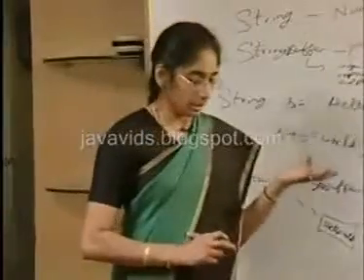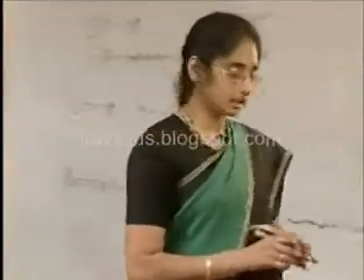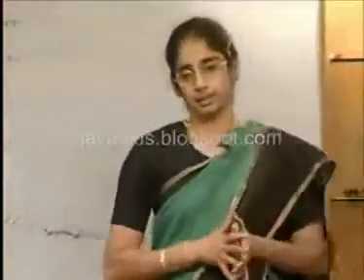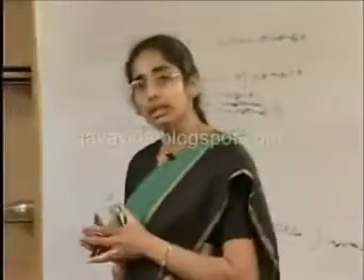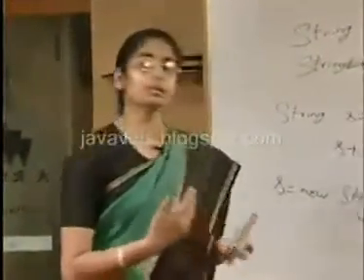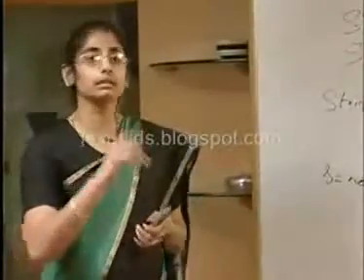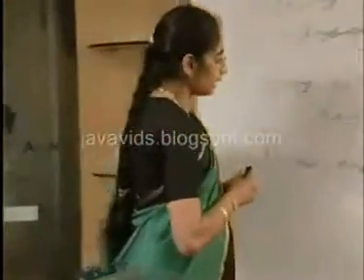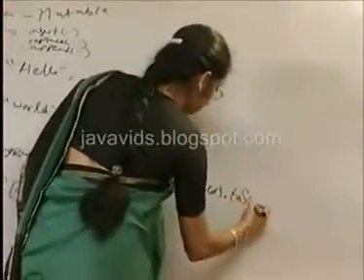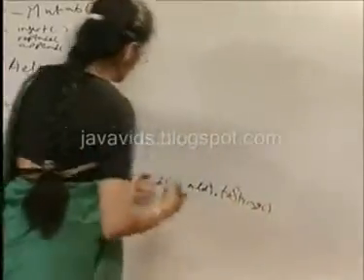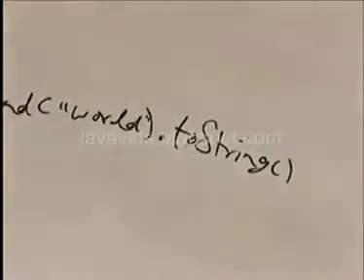By default the implementation of the Object class toString method is to return some address space. But this method would be overridden in every class to return the state of that object, the contents of that object. So in this case on the StringBuffer object we will invoke the toString method. This will return a String object and that String object reference is stored into s.